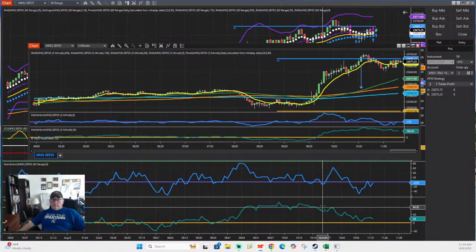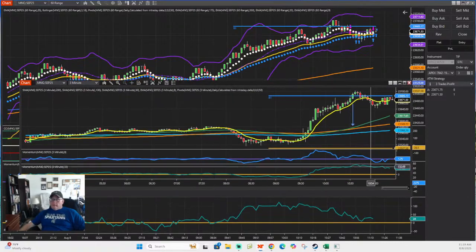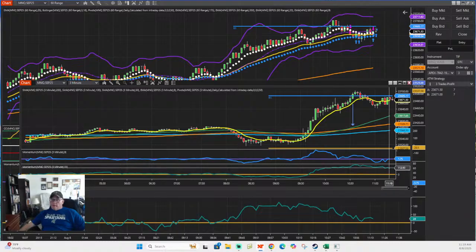But it has been weak. Been strong. Wait a minute. This is the lines here. This is the other chart. Above, below. Above right here.